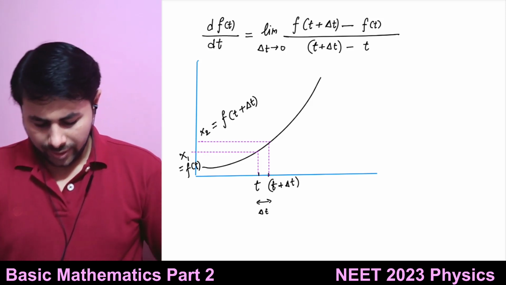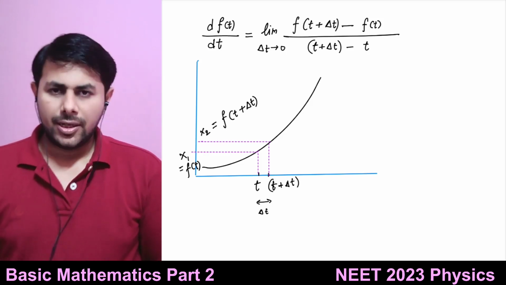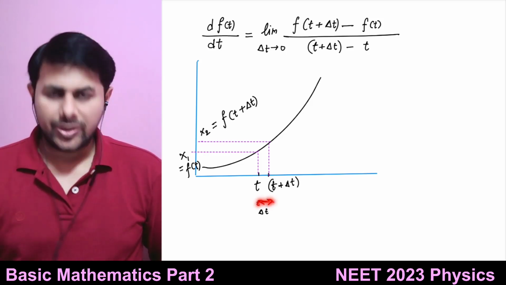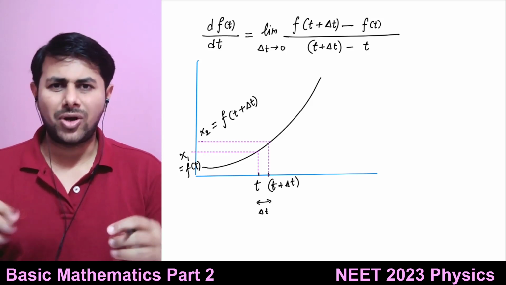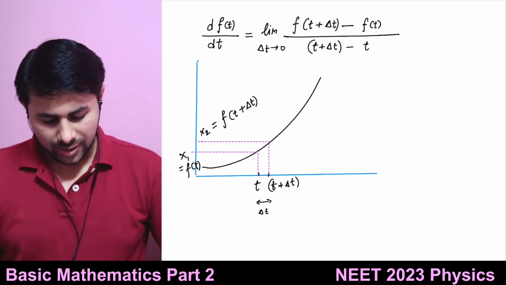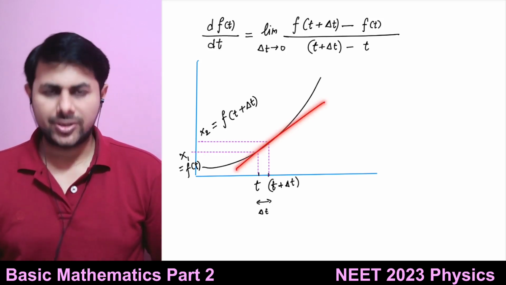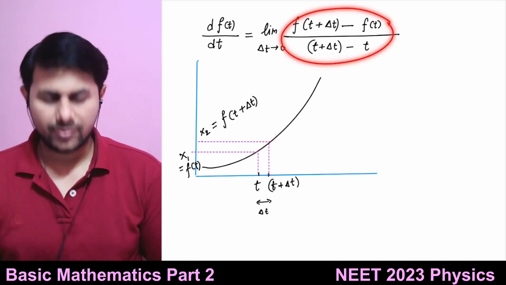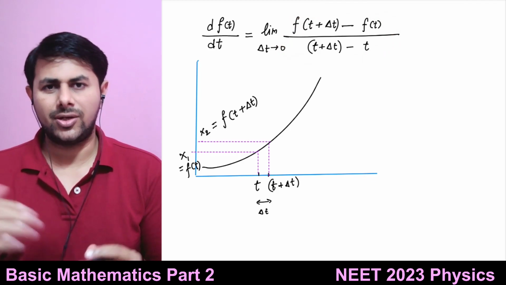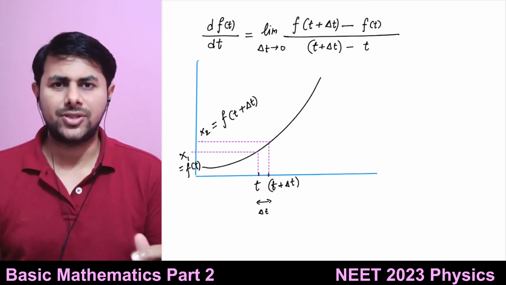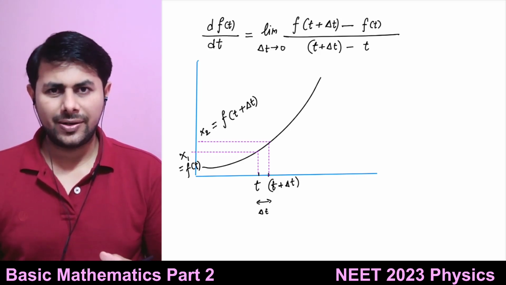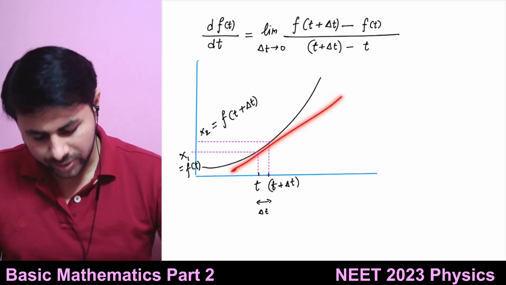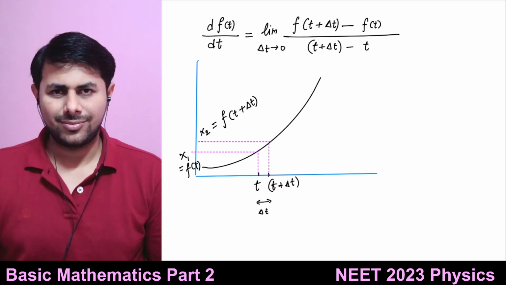When this interval is made vanishingly small, meaning almost zero, then the line whose slope gives us the change over the vertical axis divided by the change over the horizontal axis will be almost tangent to this curve.